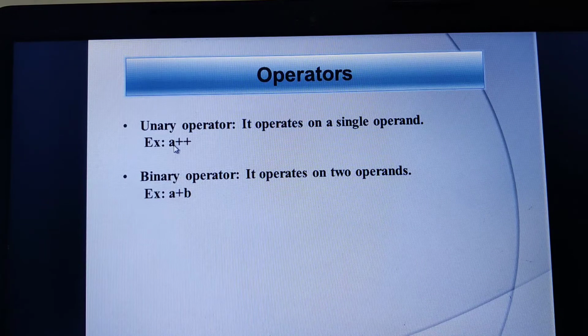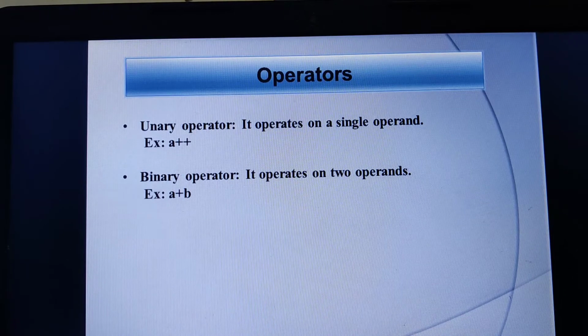When we write the instruction as A plus plus, whatever the value of A is, it will be increased by 1, and therefore the new value of A will become 11. How the operations work we will study further, but I just wanted to tell you what the unary operators are and how they operate on a single operand. Herein, this one is an operator, this is the operand.